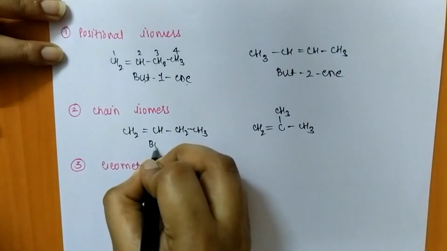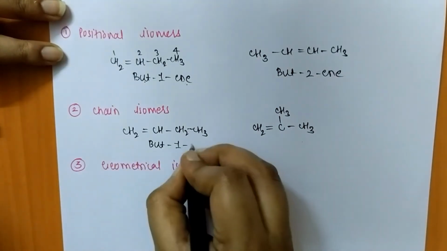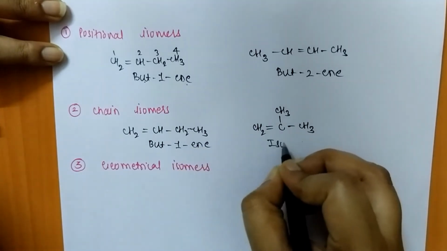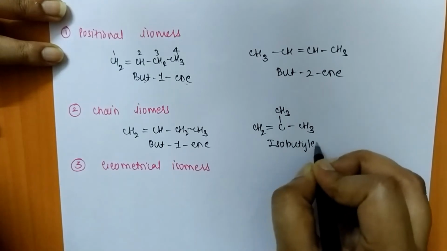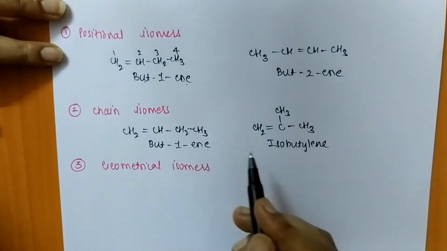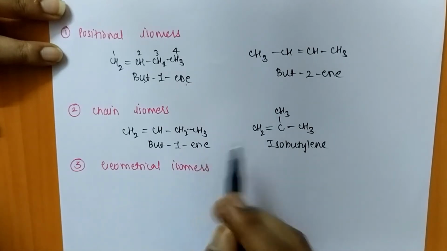So this is going to be but-1-ene, and this is going to be isobutylene. Both of them are the chain isomers of one another.